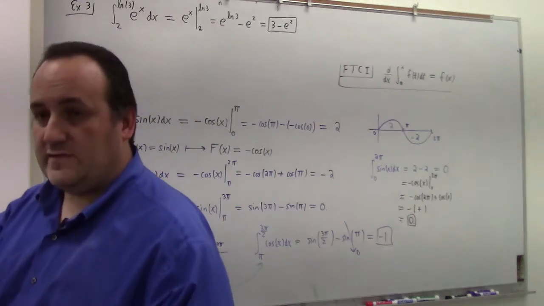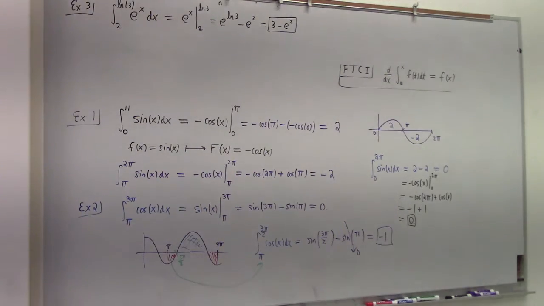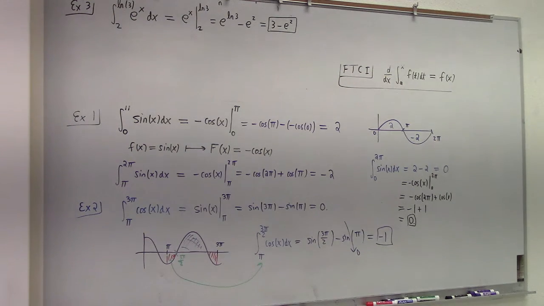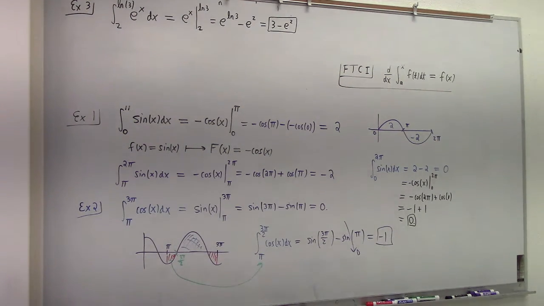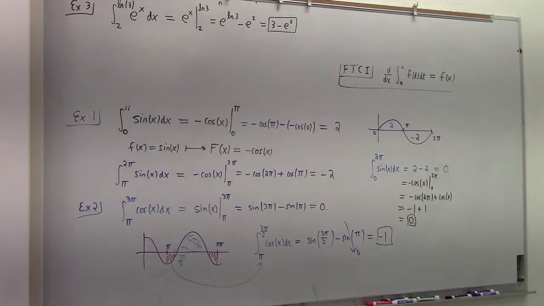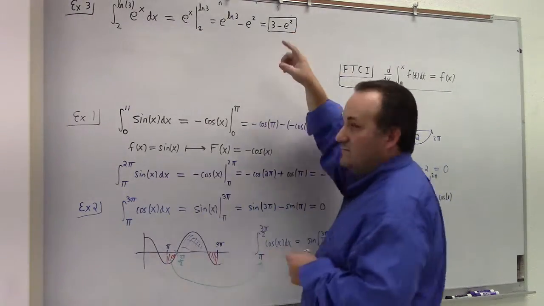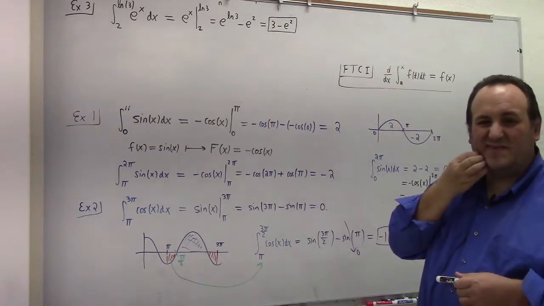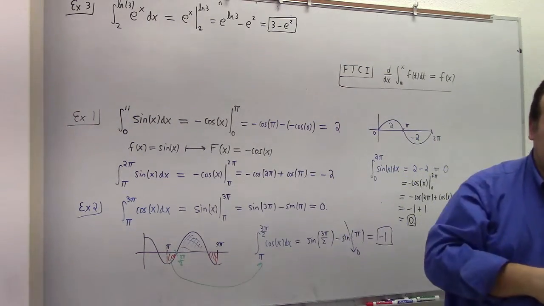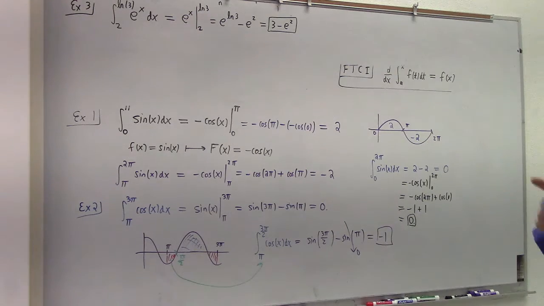So here's my question for you. E to the x is positive, right? Why did we get a negative answer? e squared is about 2.7 squared, so it's 8-ish. It's definitely bigger than 3, so the answer is definitely less than 0.